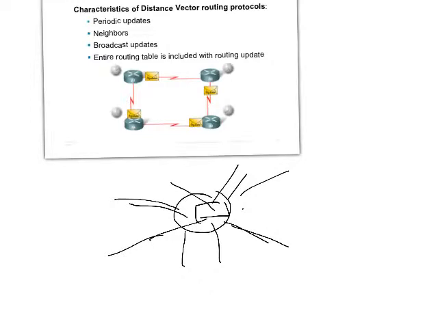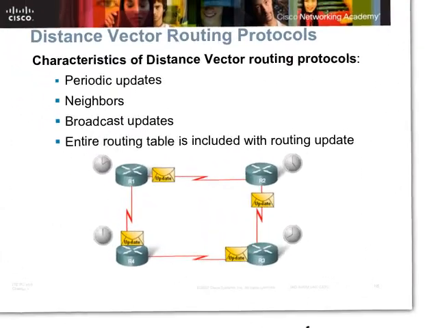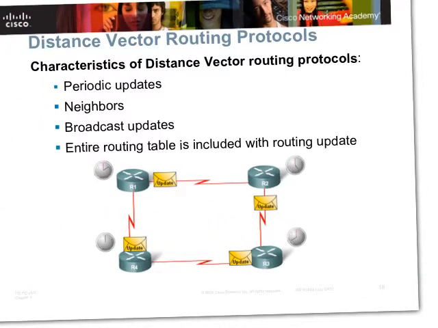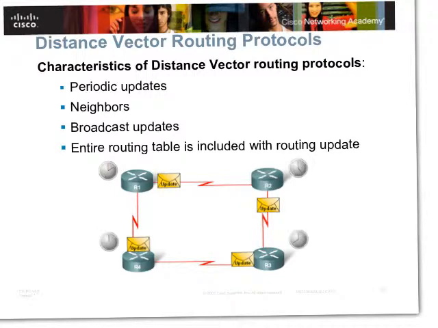And it uses the neighbors for the update, which means that each router will only know the information locally about its neighbors only.